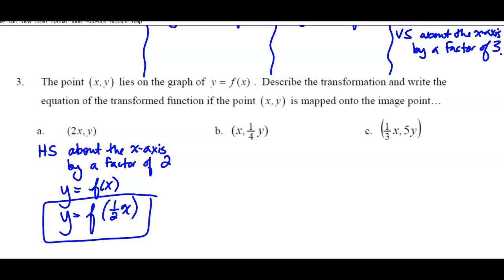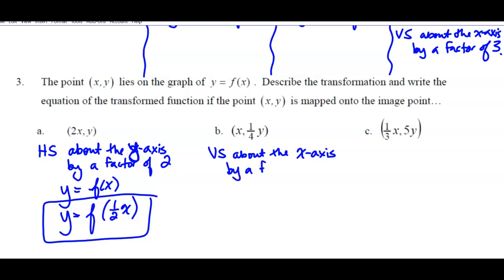Okay, so next one, now x stays the same, y is now multiplied by 1/4. So that's a vertical stretch about the, oh, this should be the y-axis, shouldn't it? Horizontal stretch about the y-axis, vertical stretch about the x-axis.